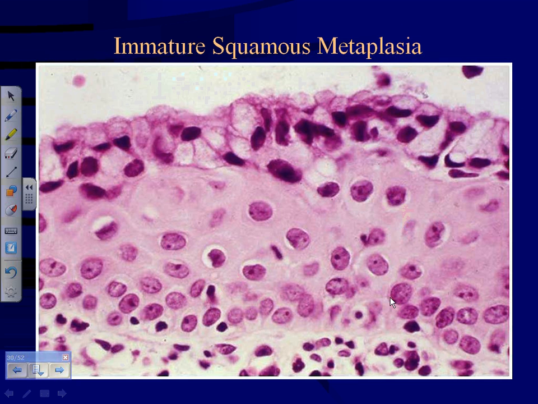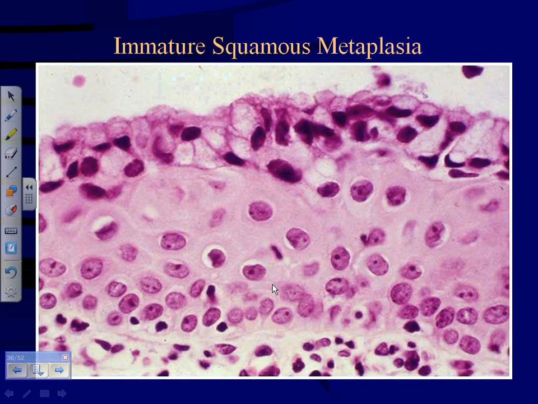All right, so here's an example of immature squamous metaplasia. Unlike mature squamous epithelium, first of all, you do have a layer of endocervical glandular cells on the surface that look like relatively normal endocervical cells. And just beneath it is this layer of cells that are starting to look squamous. Now again, you notice down at the very bottom here, they kind of resemble the reserve cells I just showed you, don't they?